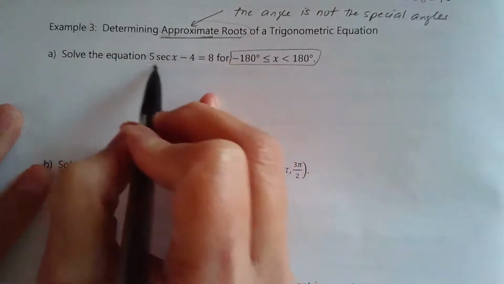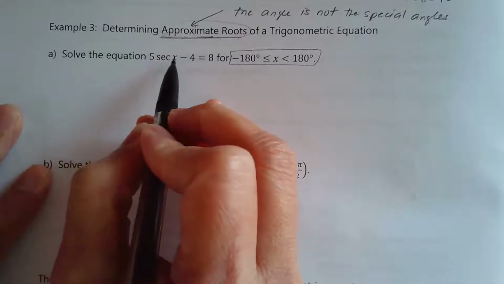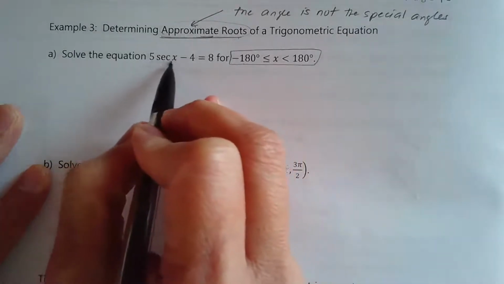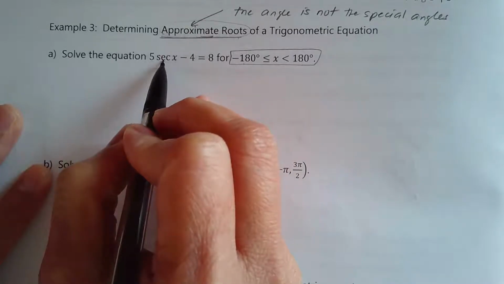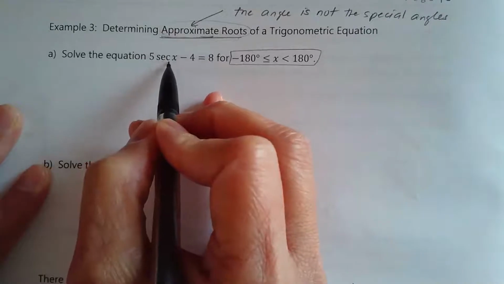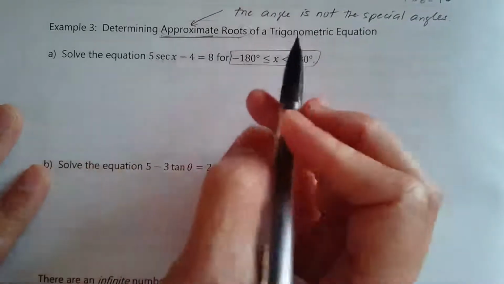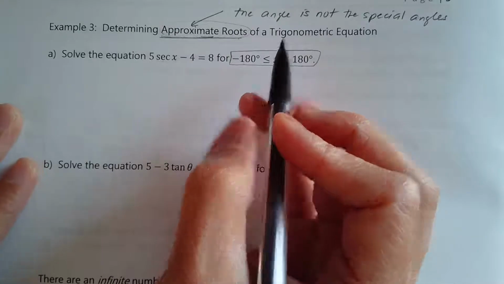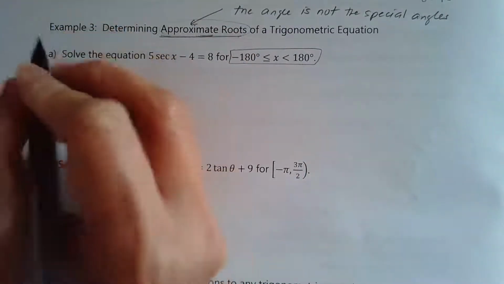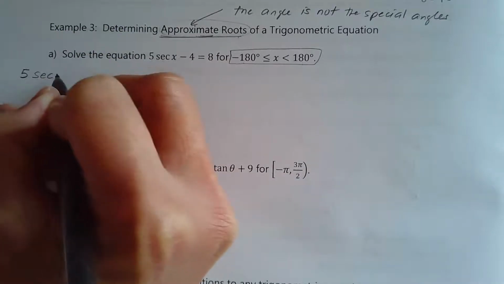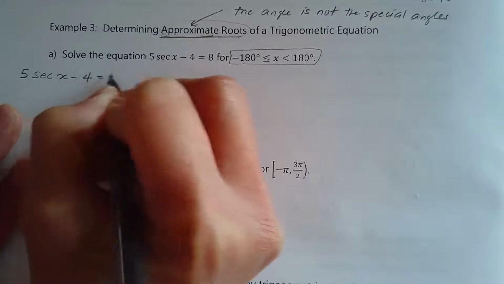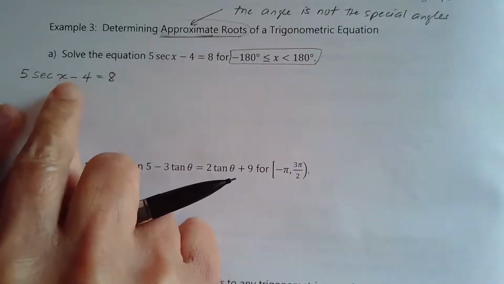First of all, let's take a look at this one. 5 secant x minus 4 equals 8. Secant would be easier to figure out if we change it into its reciprocal, which is cosine. I'll show it to you in a second. So 5 secant x, that's our angle, minus 4 equals 8.